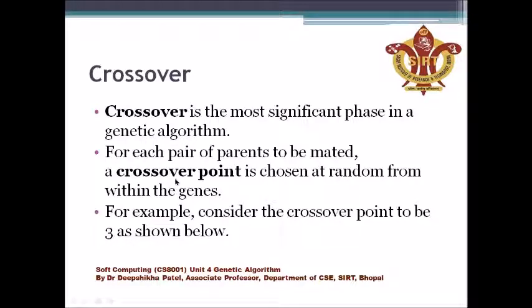In crossover, we are not going to exchange all the genes of the parents to form an offspring. We select a crossover point among the genes, which may be any random point within that range, and through that crossover point we exchange the bits.